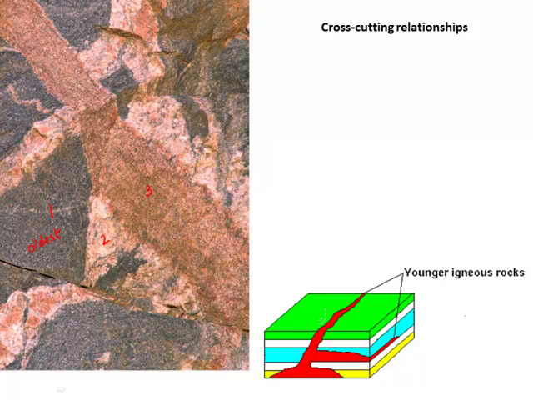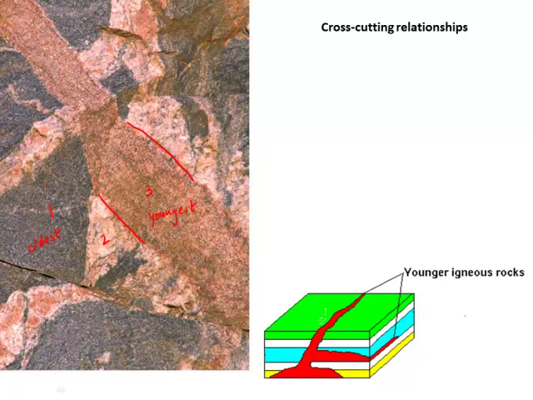Now when you look at the field relationship between 3 and 2, you see that rock 3 is cutting across rock 2, and therefore rock unit 3 is the youngest unit. So rock unit 2 is of intermediate age between 1 and 3.